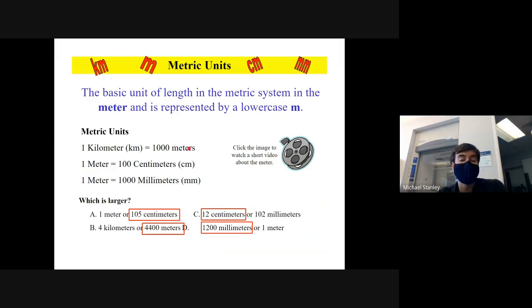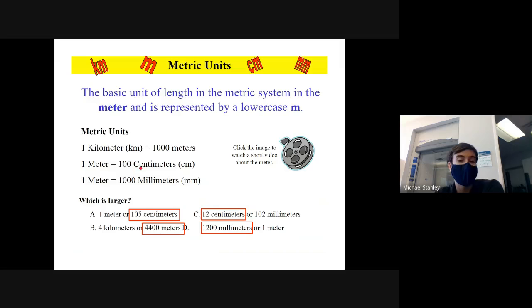So meter is our base, and then kilometer is our bigger unit, and then centimeter and millimeters are our smaller units. And again, it's all based on tens and hundreds and thousands, right? So there's 1,000 millimeters in a meter.